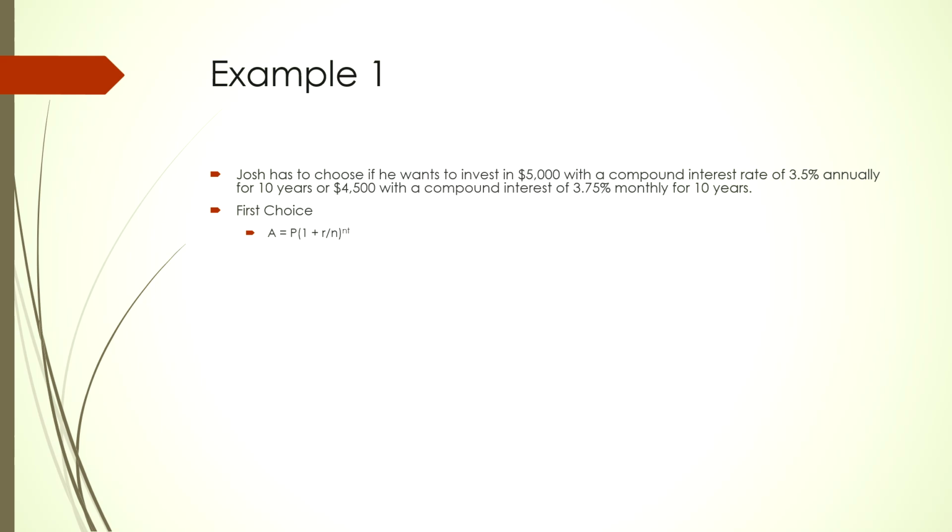And of course, there's our formula. A is equal to P, parentheses 1 plus R over N, close parentheses, to the N times T power. And of course, we substitute our values in. We get A is equal to 5,000 times parentheses 1 plus 0.035 divided by 1, close parentheses, to the power of 10 times 1.